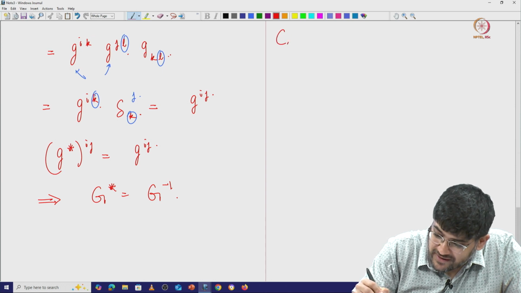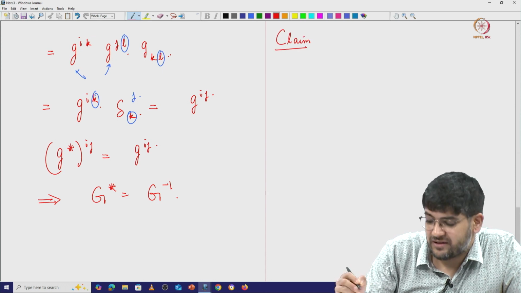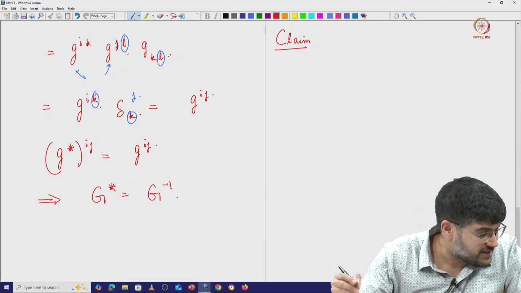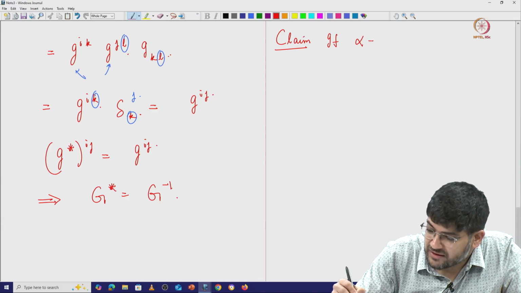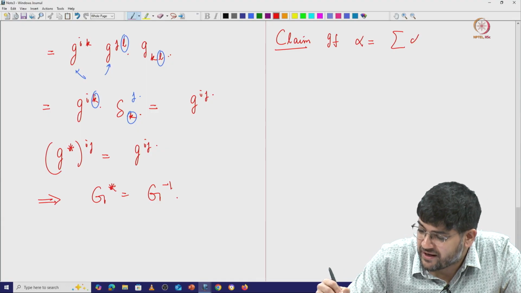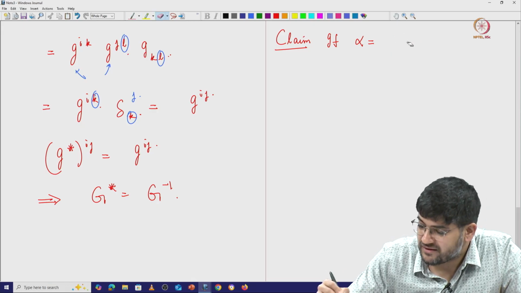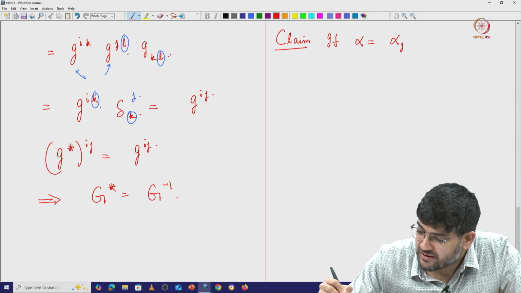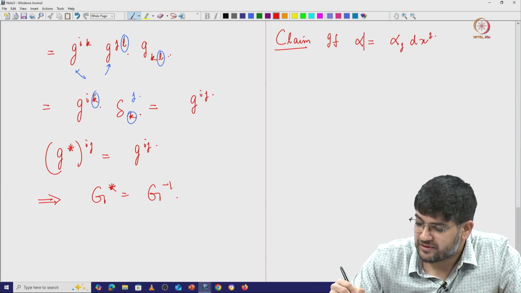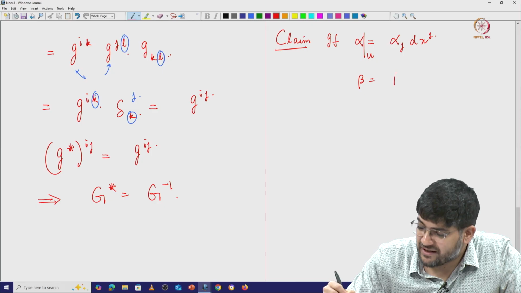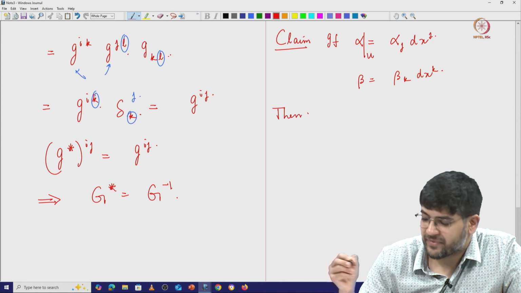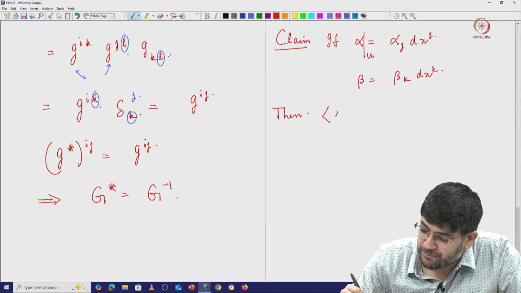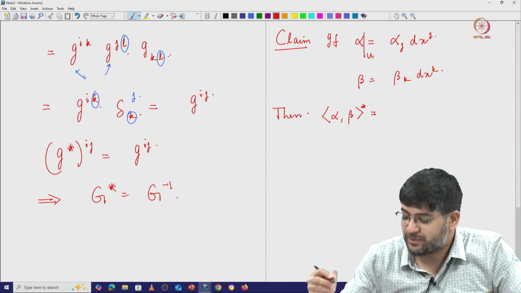So as a consequence, we have the following claim: if alpha locally is given by this and beta is given by beta k dxk, then what is the dual inner product of alpha and beta?